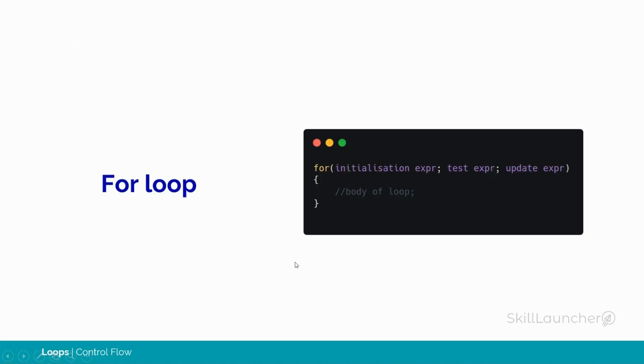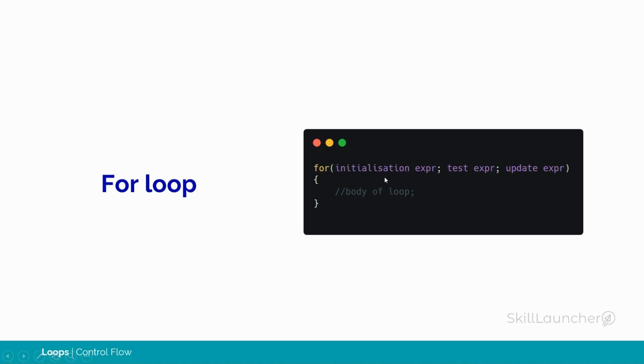The syntax of the for loop is as shown. It starts with the keyword for, and within the round brackets, first we write the initialization expression, then comes the test expression separated by a semicolon, and then comes the update expression separated by a semicolon. And within these curly braces is the body of loop.